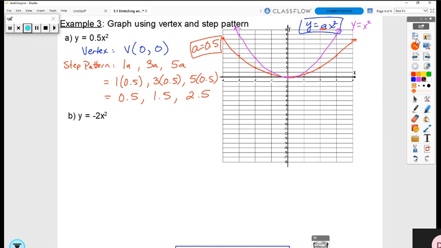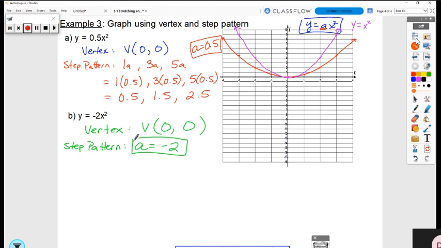Interesting. And last, we're going to graph this one here. What's our vertex for y equals ax squared? Our vertex coordinate, folks? 0, 0. And then our step pattern often relies on the a value, and we know that a equals -2.